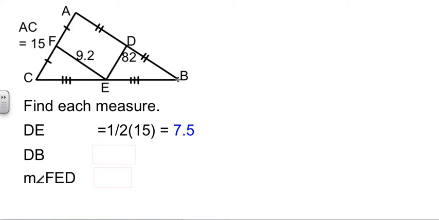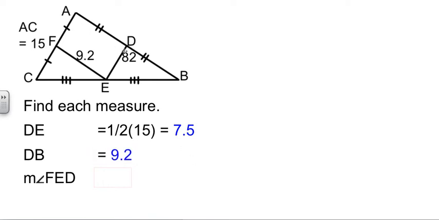To find the length of DB, first we need to know AB. FE is half of AB. So if this is 9.2, that makes this whole side 18.4. D was the midpoint, so this would be half of it. It will also be 9.2.